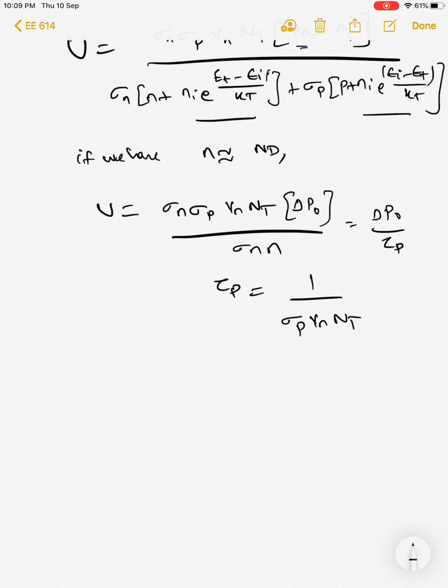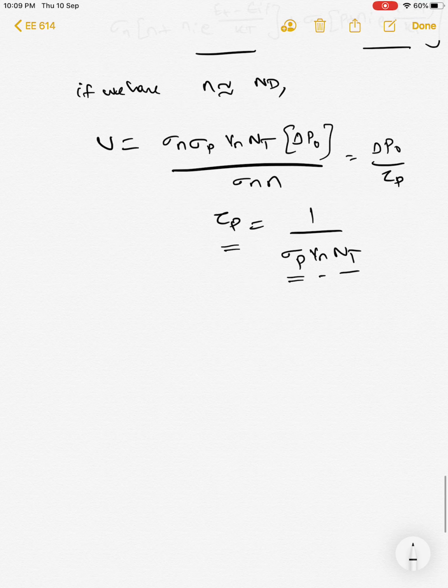So once again the trapping recombination lifetime is inversely proportional to the density of the traps and to the trapping efficiency, and the velocity of the electron. The product of the velocity and the trapping efficiency gives us the trapping cross section, right? The same can be written for electrons as well, which will turn out to be 1 by sigma n vp nt, right?